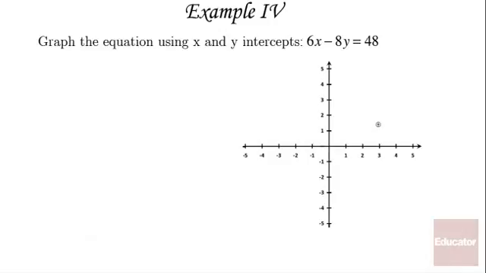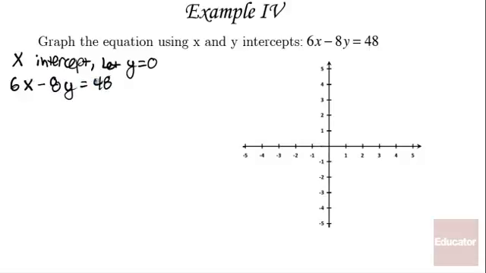Graph the equation using x and y intercepts. So we just discussed how to find x and y intercepts, and now we're going to apply that in order to graph this equation. First, I'm going to find the x-intercept, and I'm going to let y equal 0. My equation is 6x minus 8y equals 48.